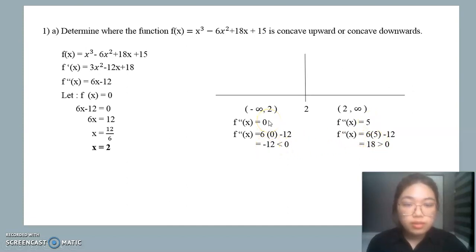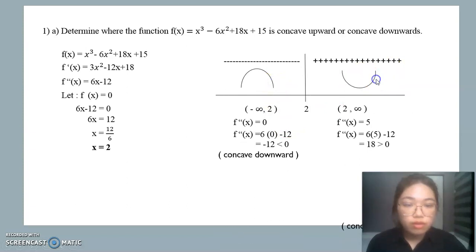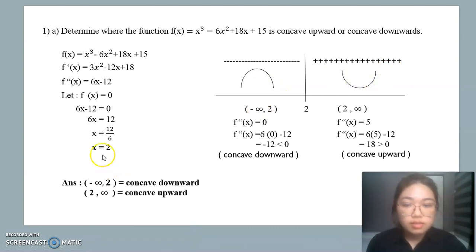For the number 0, we get negative 12, which is smaller than 0, which means the sign is negative in this range, and the answer for 5 is larger than 0, which means it is positive. So the first range is concave downward, and the second is concave upward. The answer is that the interval negative infinity to 2 is concave downward, and 2 to infinity is concave upward.